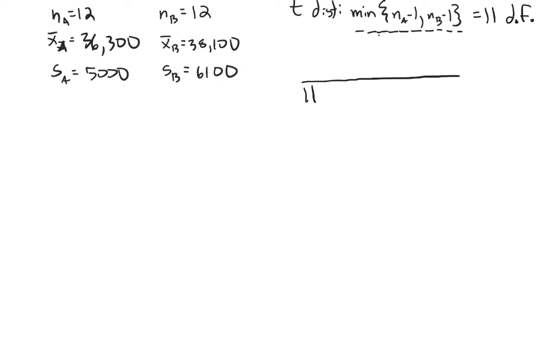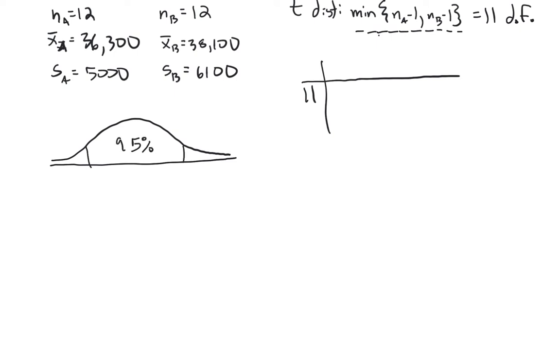Before we do our chart, let's draw a little bit of our t-distribution here. We know we're looking for the middle 95%. So on each side is 2.5%. So we're looking for t of 0.025, 2.5%. So we look in our table, and you should see 2.201.